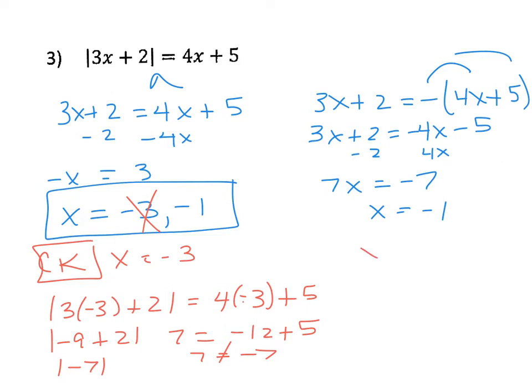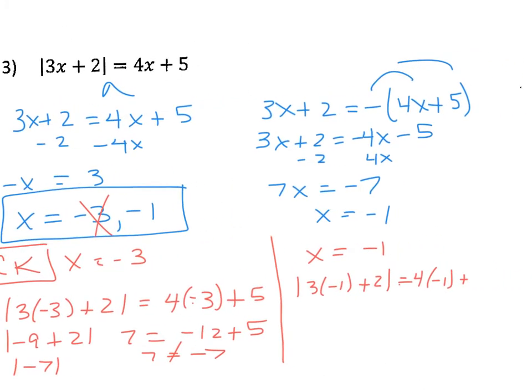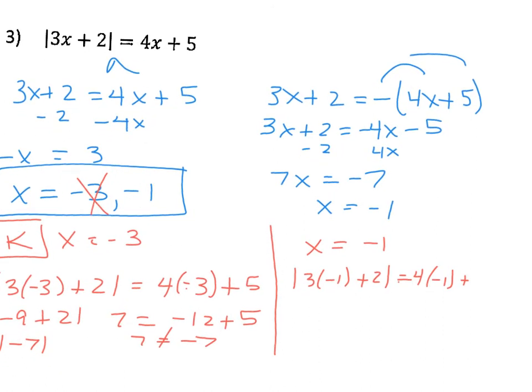Okay, so let's try x equals -1. So we get the absolute value of 3 times -1 plus 2. Does that equal 4 times -1 plus 5?